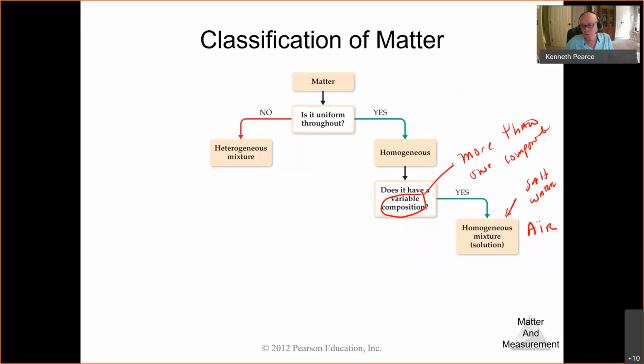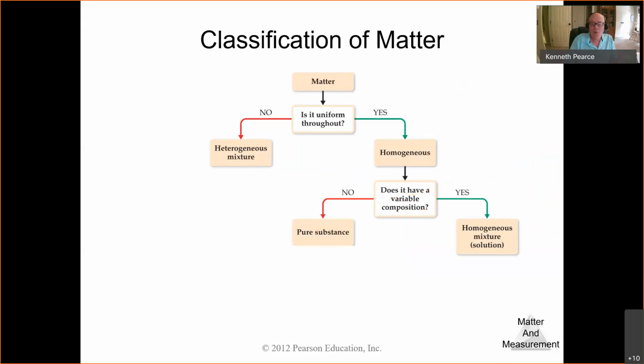But the air on one side of my office versus the air on the other side of my office is the same, so that makes it homogeneous. Salt water is the same throughout. That makes it homogeneous. Now, when we don't have variable composition, that means we have only one substance, and we call it a pure substance.